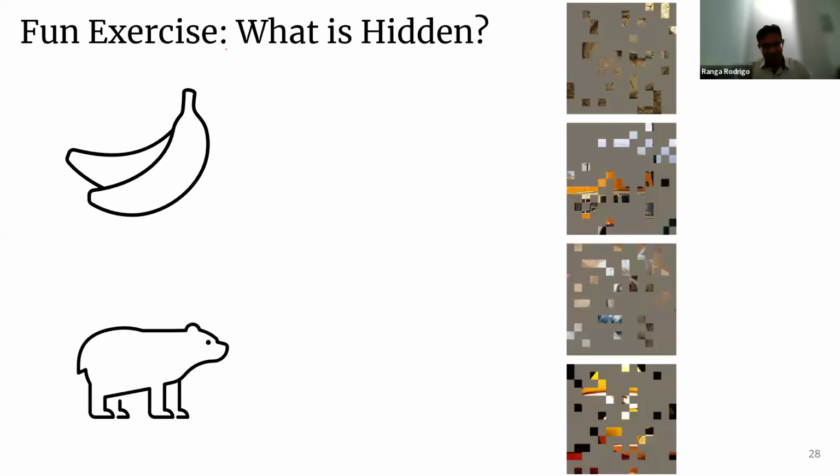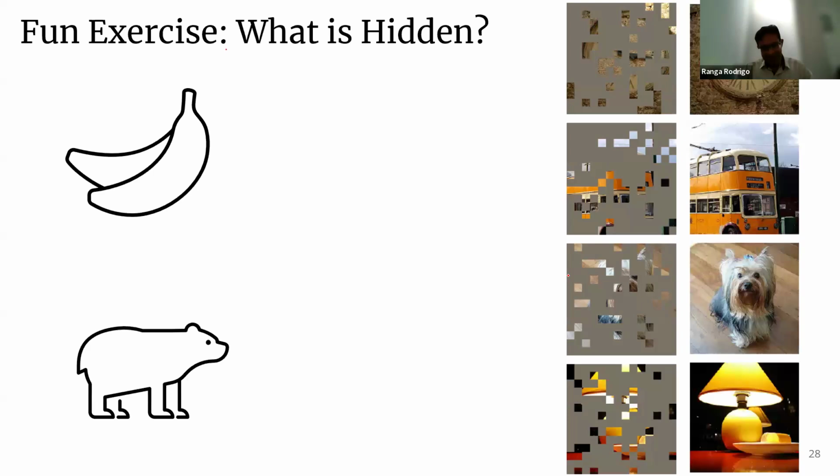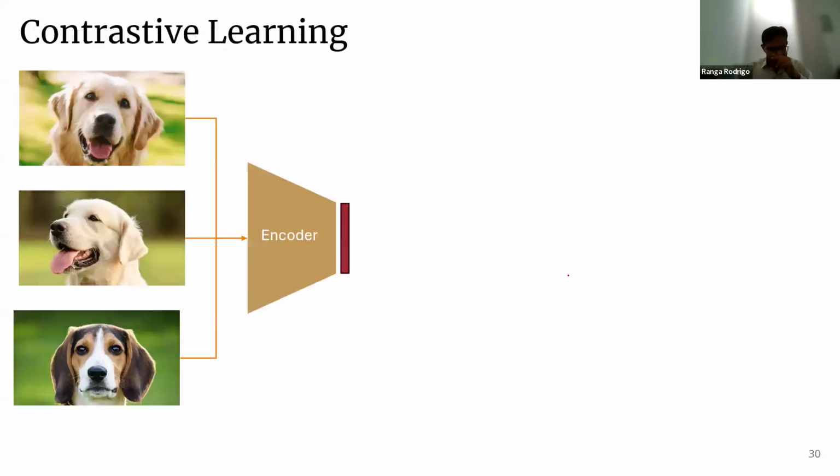Okay, this I think you understand. So this is the mask image paradigm for self-supervised learning. This is another self-supervised learning paradigm. Think about this one. This is called contrastive learning. You contrast.